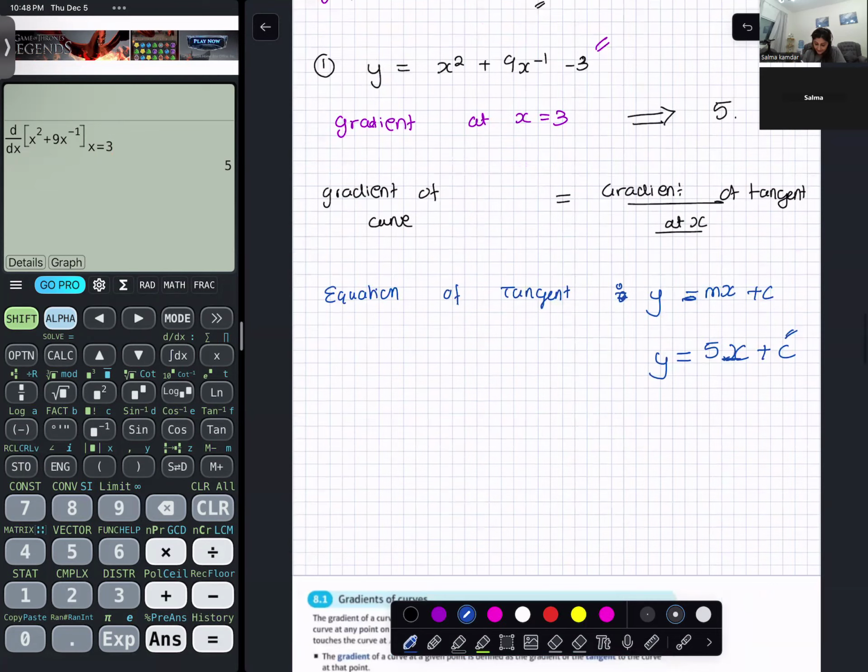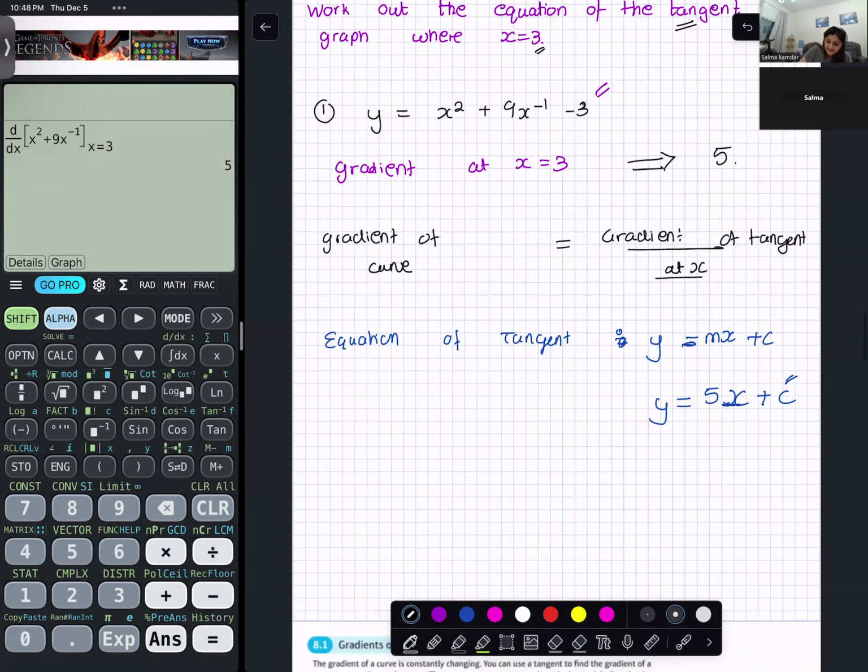Now I already know my x is equal to 3, so I will try to find y. I will just substitute 3 in the equation to find y.